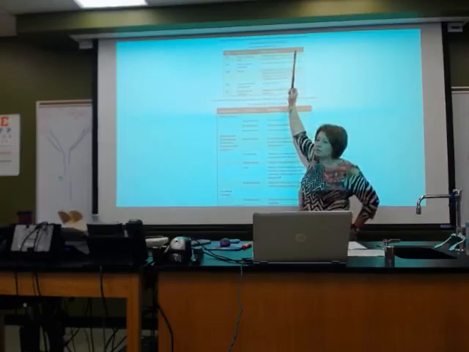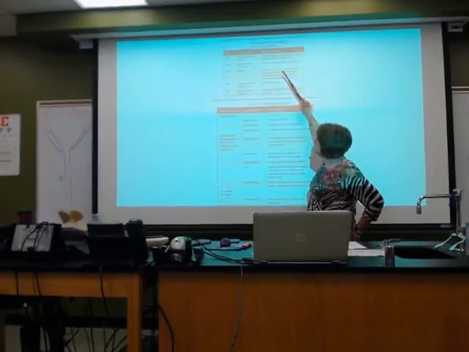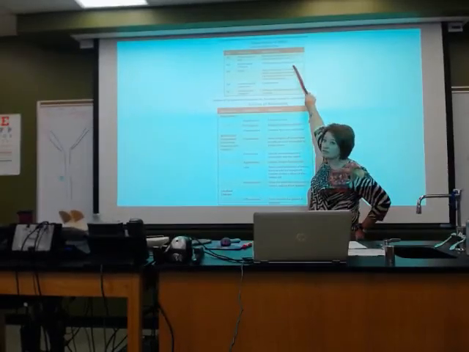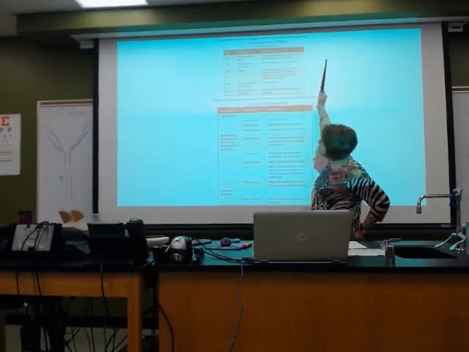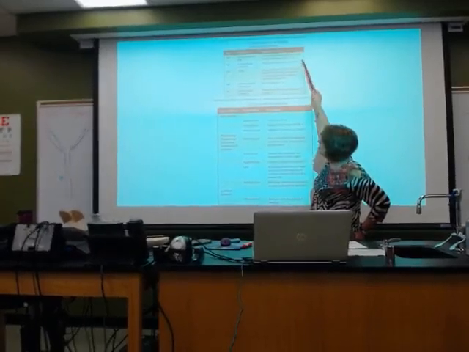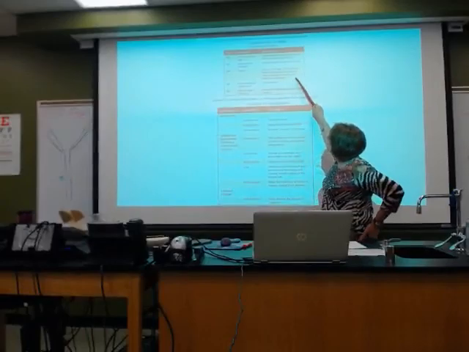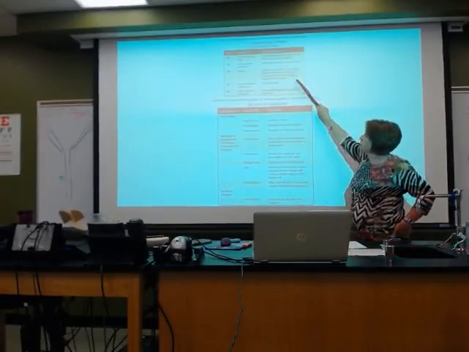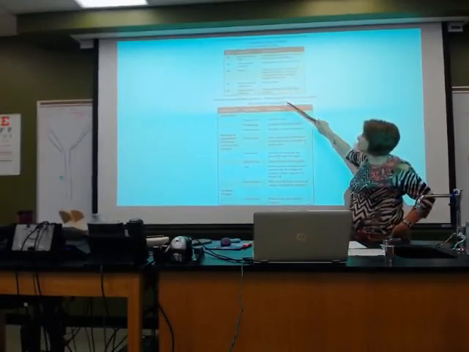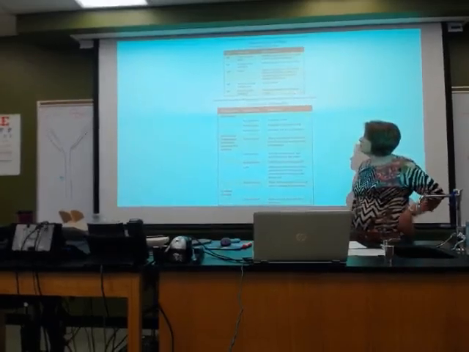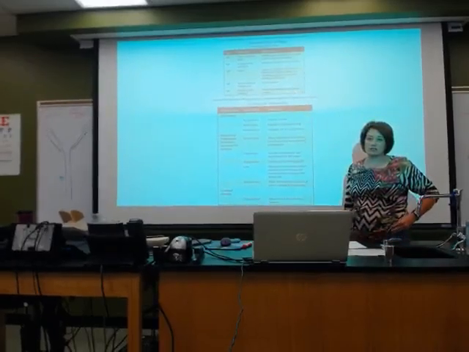The complement, like I said, I'm not asking you to know all of them. IgA is a common one. IgG is one that's pretty prevalent. React with antigens, activate B cells, promote inflammation and allergic reactions.